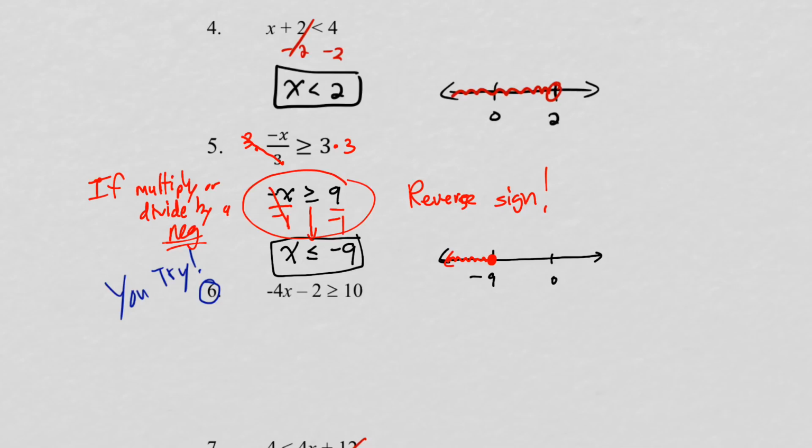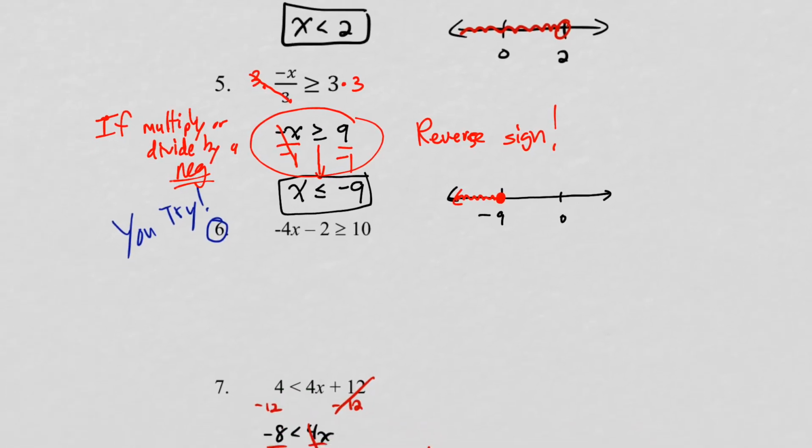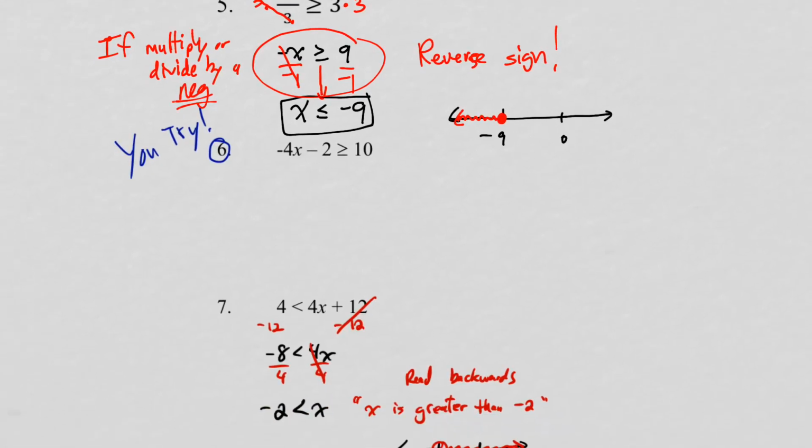All right, guys, it's time for you to try number 6 if you haven't already. If it's not in your notes, go ahead and work this one out, and I'll be with you in about 2 minutes.